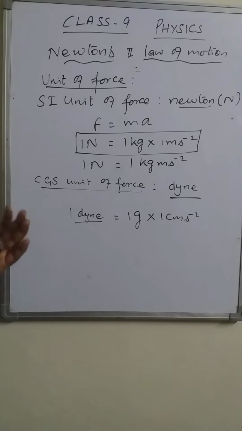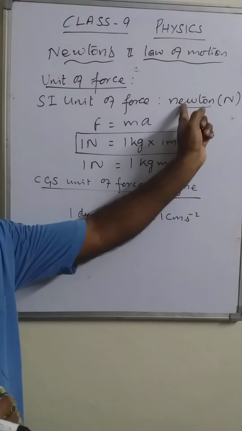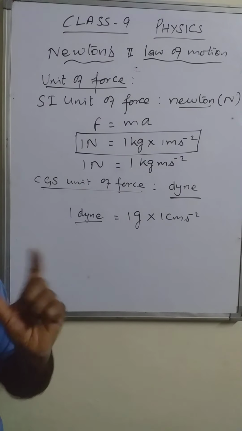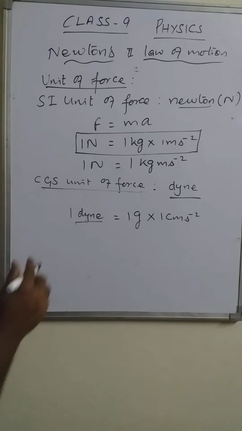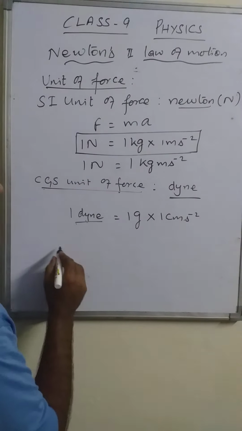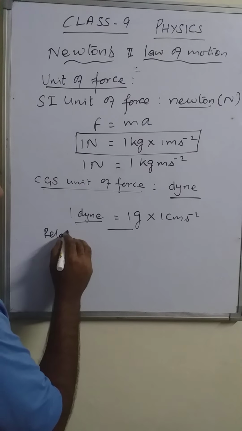If for the same quantity there are so many units, all the units have some relation among them. Here also 1 Newton force and 1 dyne force are related to each other. This is the relation between 1 Newton and 1 dyne force.